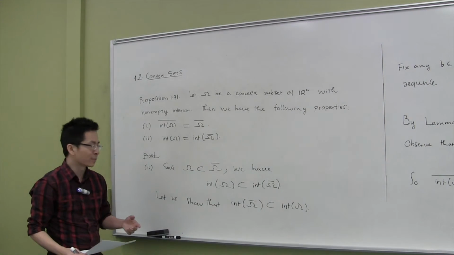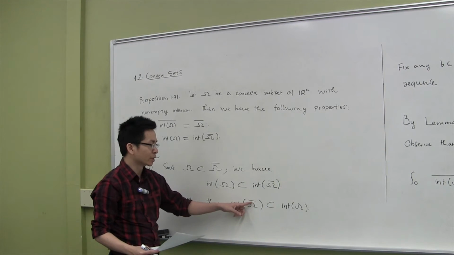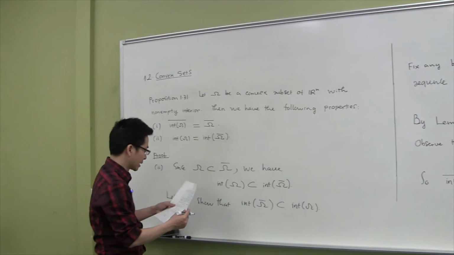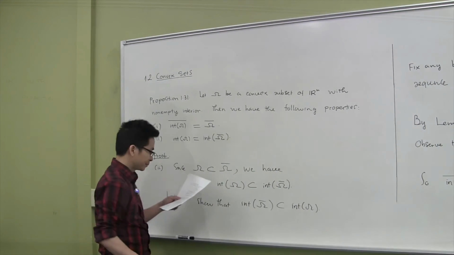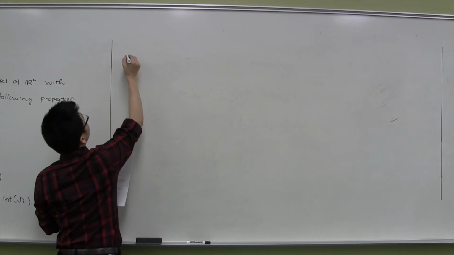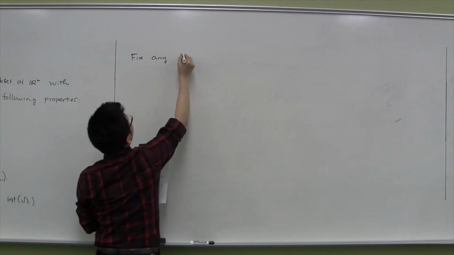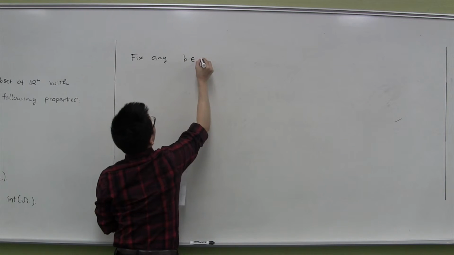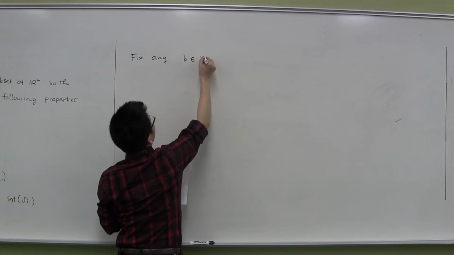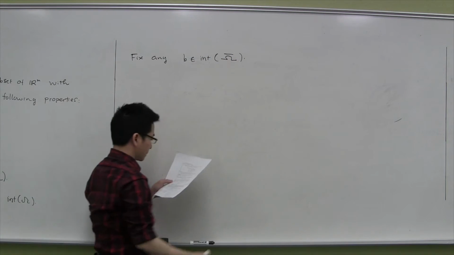We're gonna prove this by taking an arbitrary element in the interior of the closure of omega, and then we show that it is in the interior of omega. So fix any element b in the interior of the closure of omega.